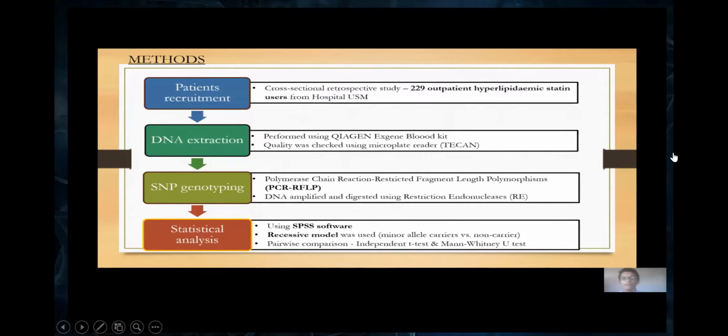Finally, statistical analysis was performed using SPSS software, in which recessive model analysis was used to group the patients according to minor allele carriers and non-carrier group. Pairwise comparison between these two groups was performed using Mann-Whitney test and independent t-test.